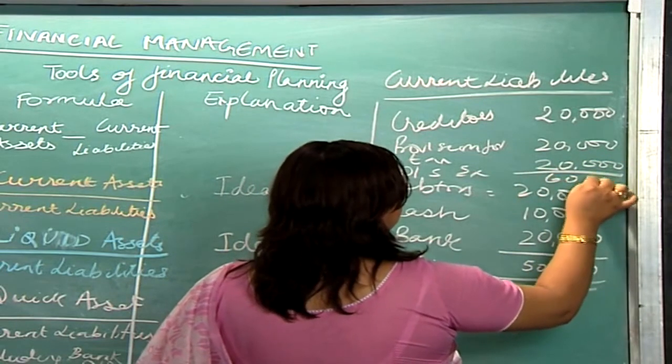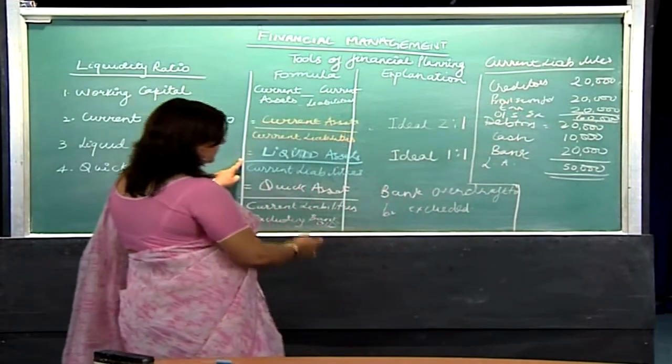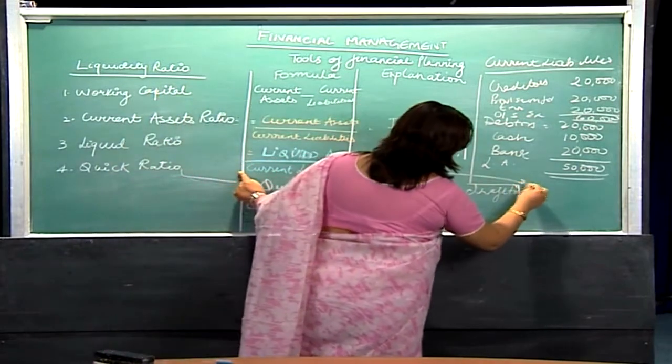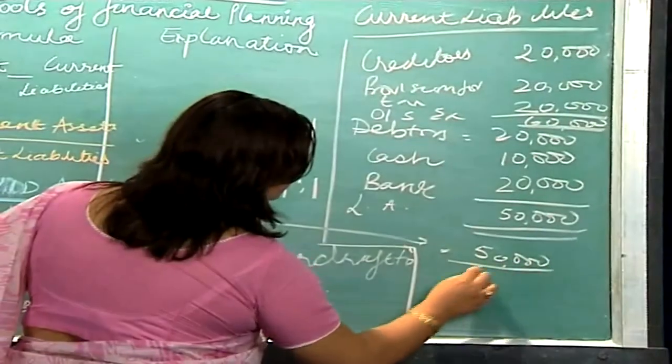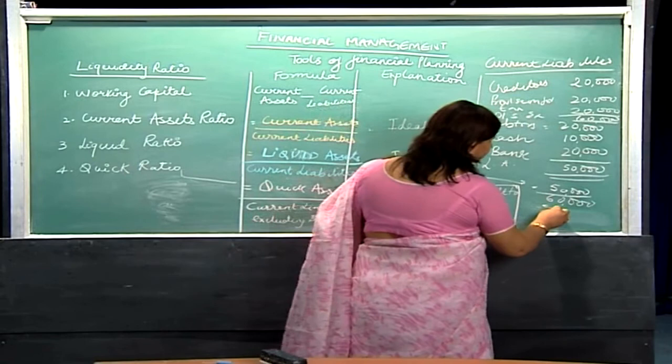So they are 60,000. So putting these values in this formula, liquid assets divided by current liabilities, we shall get 50,000 divided by 60,000, which is coming as 0.82.